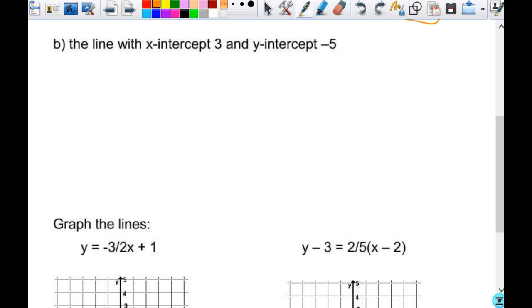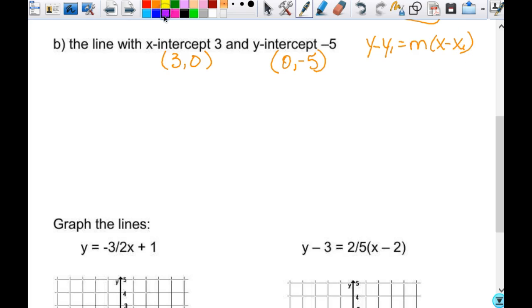What would be the best thing for us to do before we start? Yeah, make them into points. So if the x-intercept is 3, let's see what a pair looks like. 3, 0. And the y-intercept is -5, it would be 0, -5. Okay. So then we're going to use y minus y1 equals m times x minus x1.